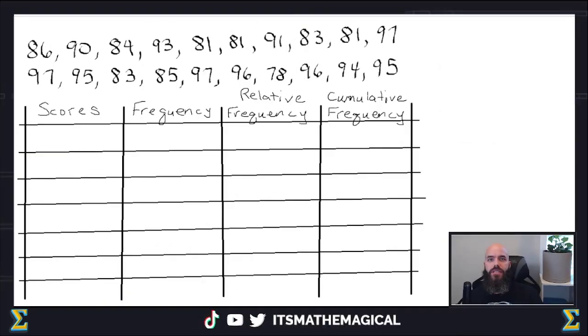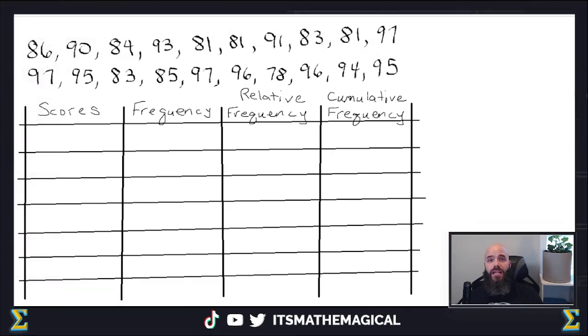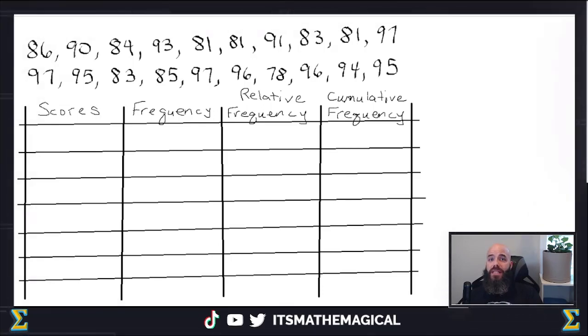So I have my frequency table set up. The first column is going to represent the scores, binned in 4-point bins. The second column is going to represent the frequency, how many times each value in those bins occurs in the data set. The third column is going to be the relative frequency. We're going to represent the relative frequency as a percentage of the data.